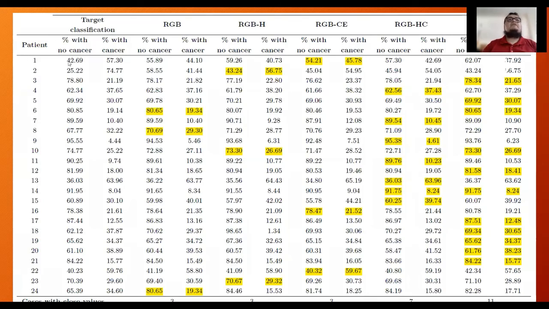For example, patient 1 contains 42% of sub-images with no cancer and 57% with sub-images containing cancer. So the best results were obtained with the RGB-DI or the augmented dataset, in which we obtain values close to the target classification.